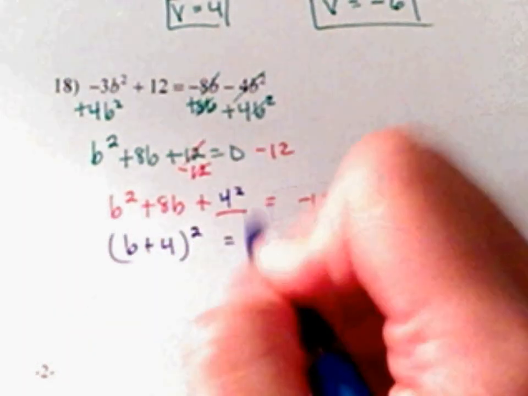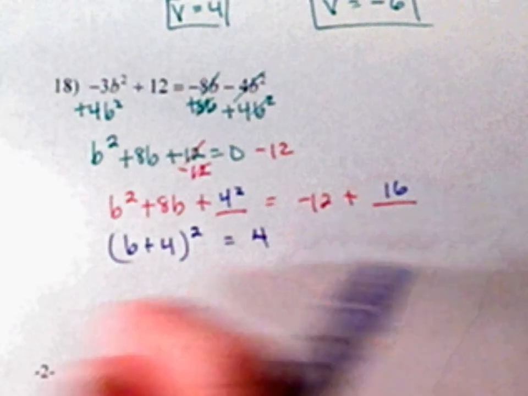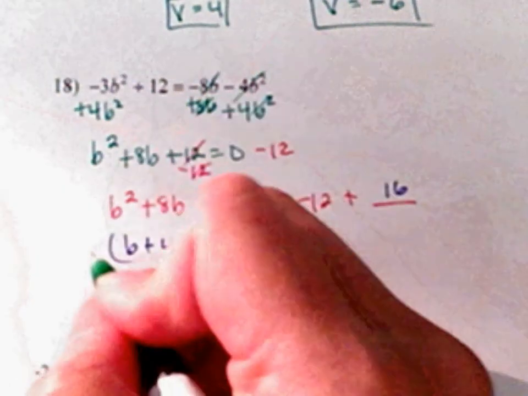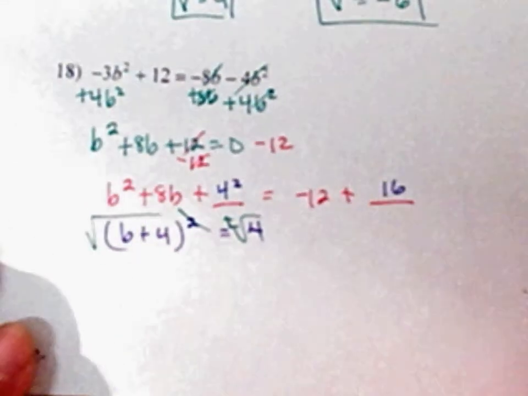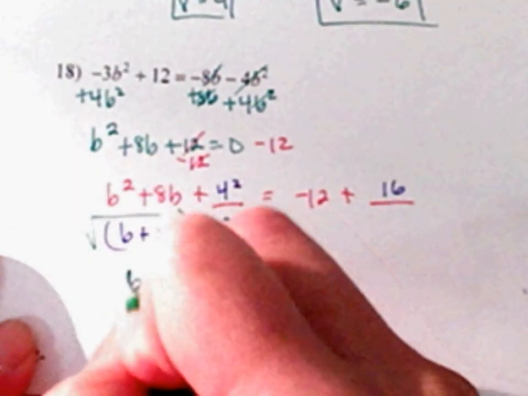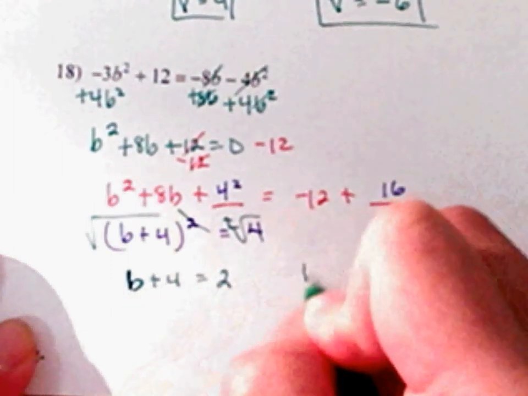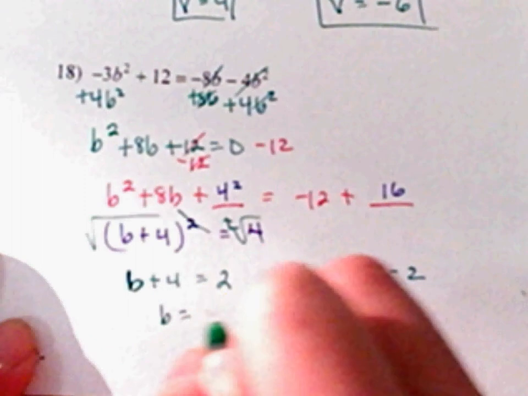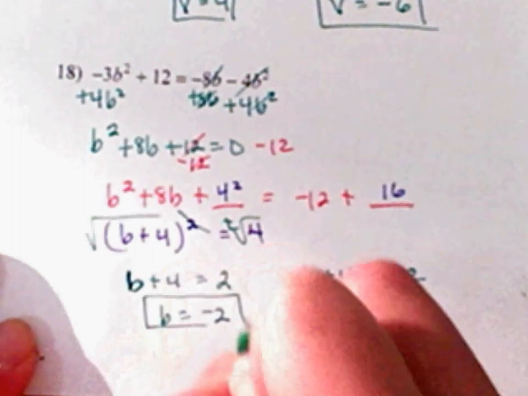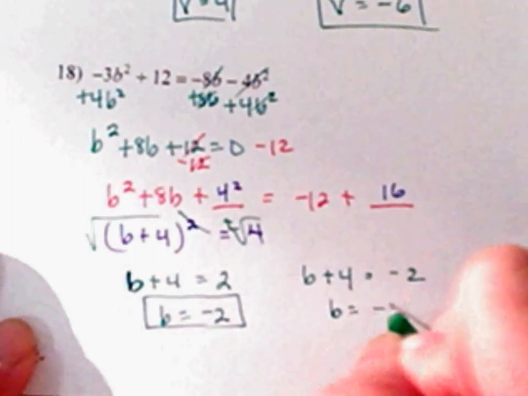Let's get rid of your square. Take a square root. And when you take a square root, you always have two answers. So you got b plus 4 equals 2, and b plus 4 equals negative 2. Subtract 4 on both sides. So you got b equals negative 2, and b equals negative 6.